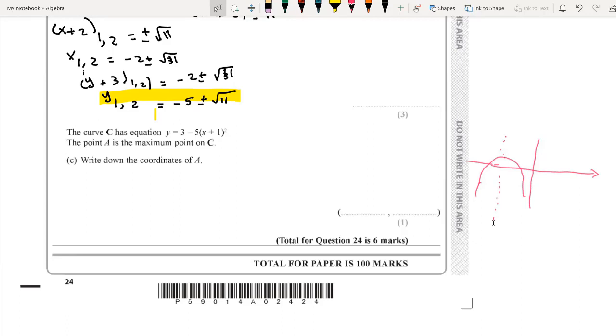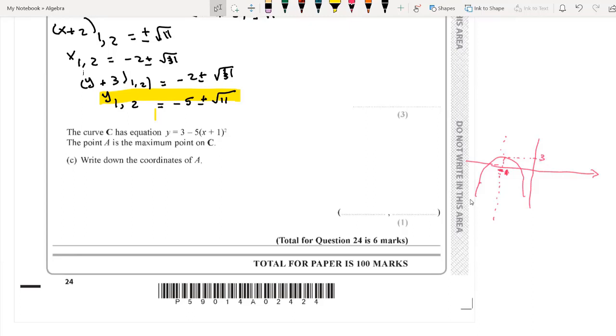This is the advantage of completing the square. When you write the quadratic equation in the form of completing the square, you can know the axis of symmetry very quickly. Just put x equal negative 1. So you have y equal 3. So you have here the axis of symmetry at x equal negative 1, and the value of y is equal to 3.